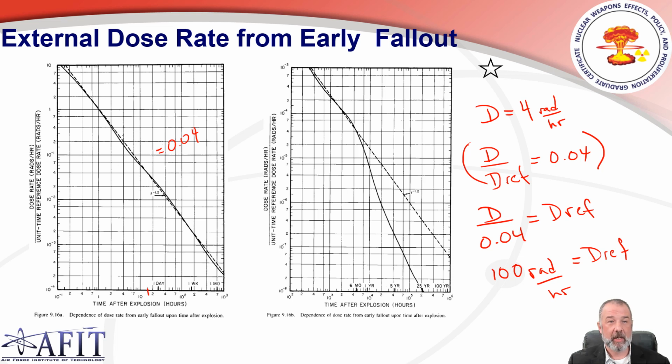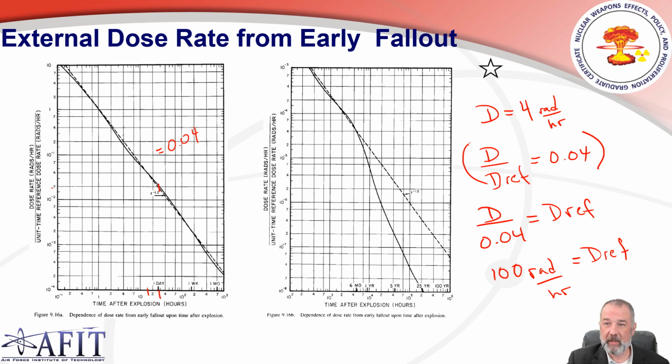Okay, so how do we use this? Say we were looking for our dose rate at 24 hours following our detonation. We would come over here and say, okay, one day, right here. So that's 24 hours. We read up to here, and this is going to be a bit higher.